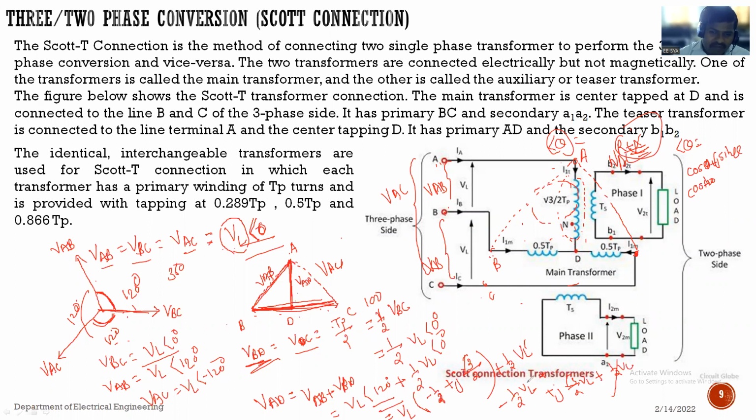The 1/2 VL and minus 1/2 VL cancel. The remaining term is nothing but j √3/2 VL. So j √3/2 VL is 0.866 VL, and j is nothing but an angle of 90 degrees.